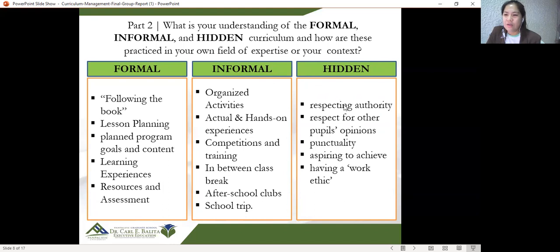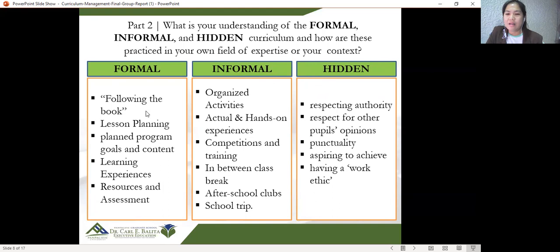Now, with the hidden curriculum, respecting authority, respect for other pupils' opinions, punctuality, aspiring to achieve, having a work ethic. Parang this, we are going to consider as the ripple effect of what we teach.